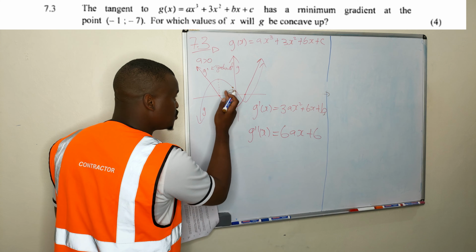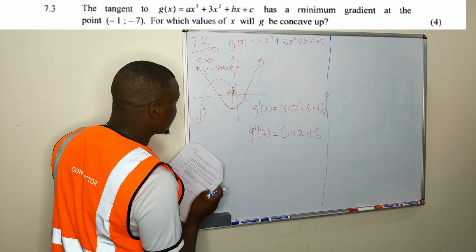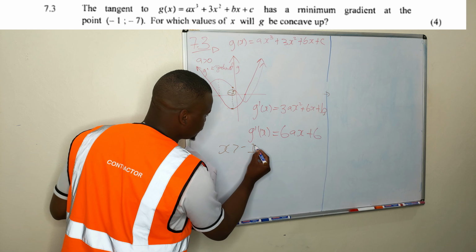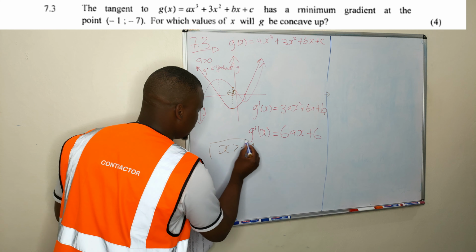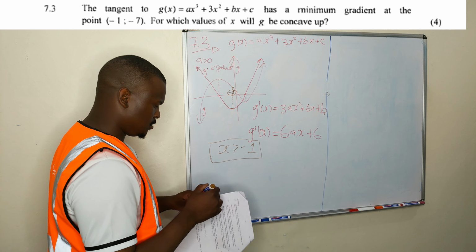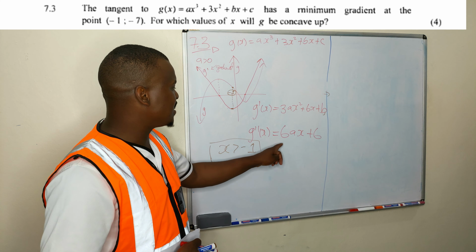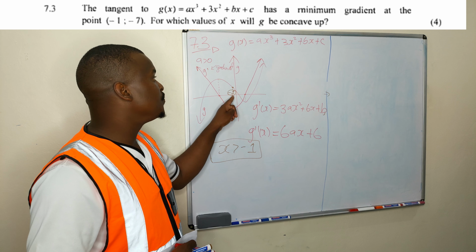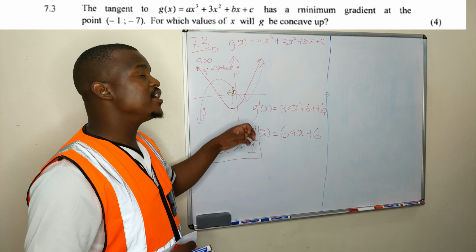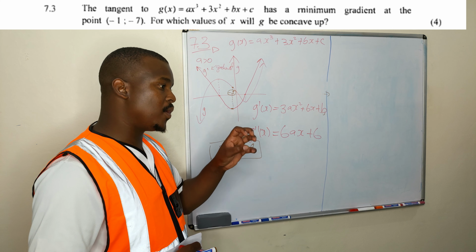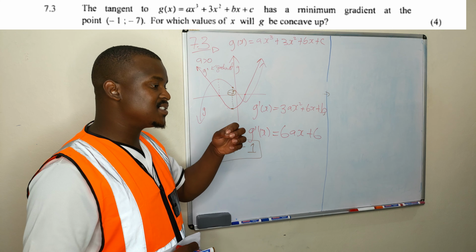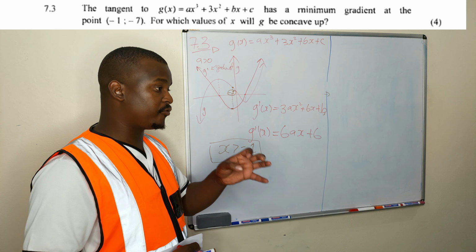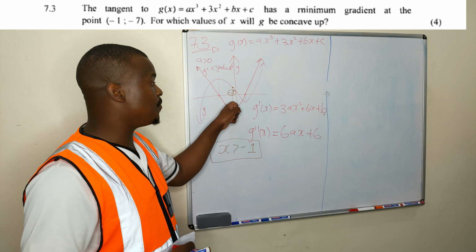Therefore, your graph will be concave up when x is greater than -1. This is what that means. So you didn't need this, to be honest, because they've done that already for you. To get the turning point, the x value where the minimum gradient is, they had already derived your gradient for the second time, which means to find the point of inflection, which was at -1.